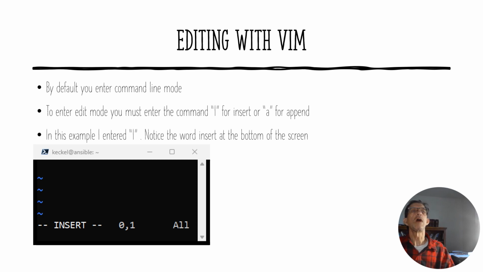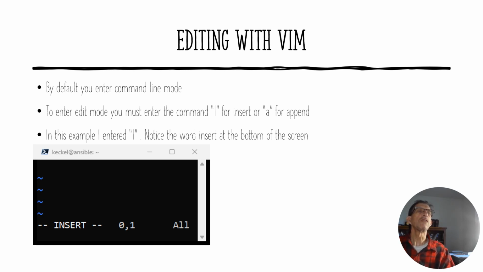By default, you enter the command mode. To enter the edit mode, you have to type an I for insert, and in that case, it will insert text before the position of the cursor, or an A to insert text after the cursor position.